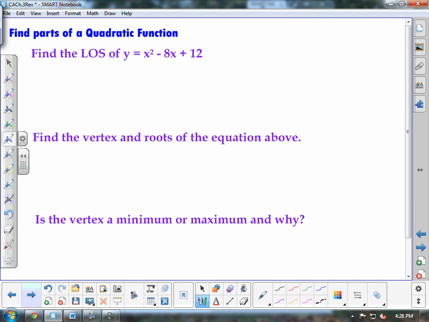And finally, without the use of your graphing calculator, you have to find all of these things. The line of symmetry for an equation, remember, is the opposite of b over 2 times a. And so then in this case, x would equal 8 over 2 times 1, which is 4.